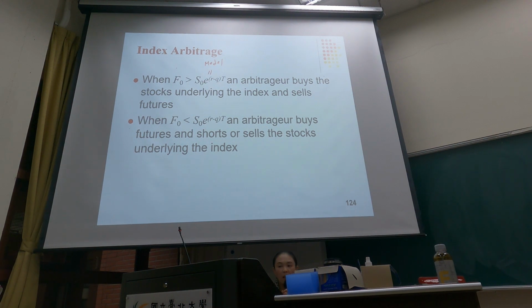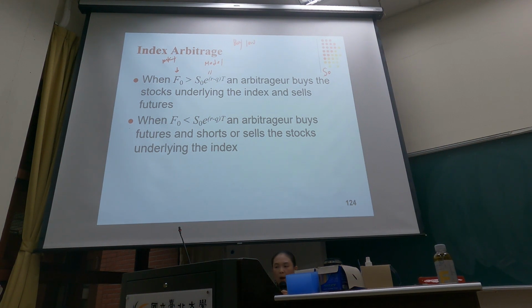This formula is for us to compute the model price. So when the market price is higher than the model price, the arbitrageur will buy low, sell high. Remember, you cannot buy the model, so you will buy S0, which is priced too low.